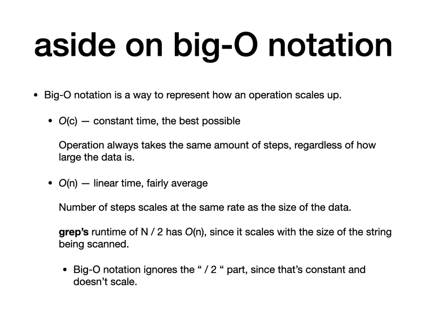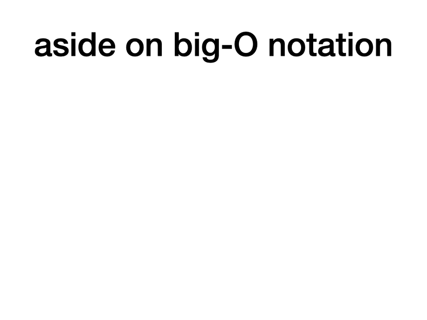Just to note, big O doesn't care about halves or 2 times or 3 times, because it's much more concerned about how much this thing will scale up. Like, is it going to go up exponentially, right? Or is it going to go up linearly? Or is it going to go up not at all? Is it a constant operation? So some operations scale pretty dang well.